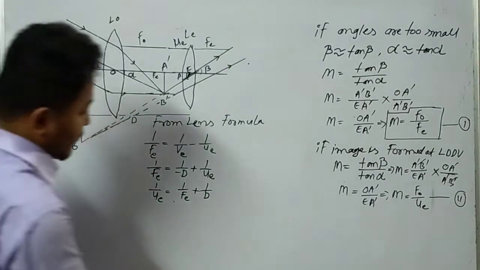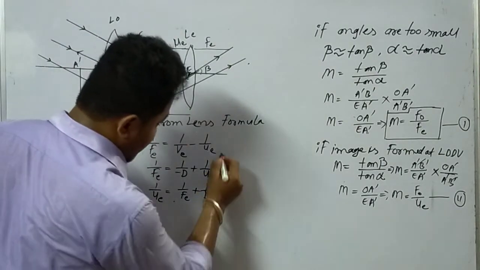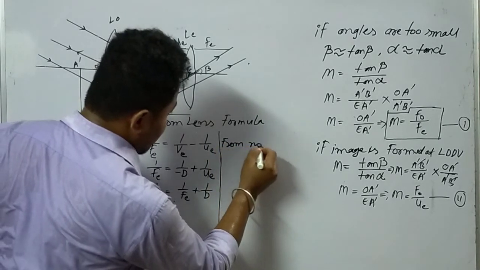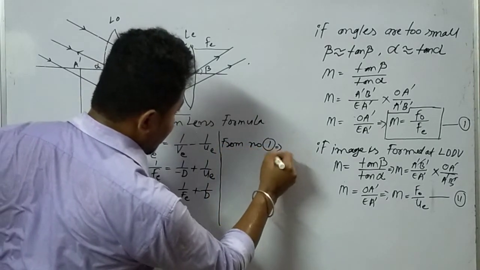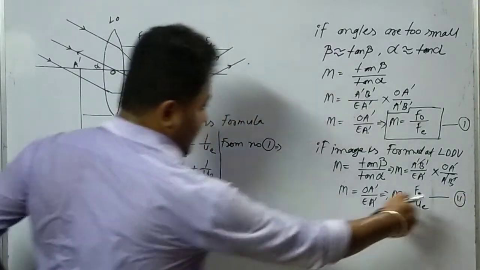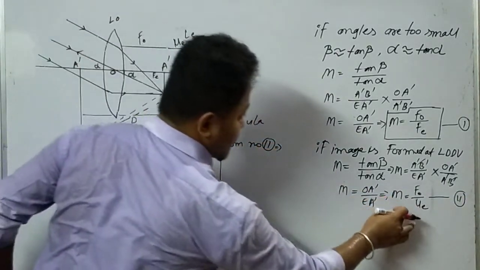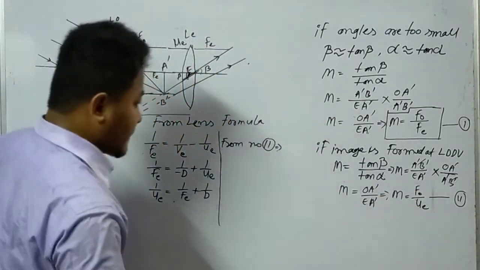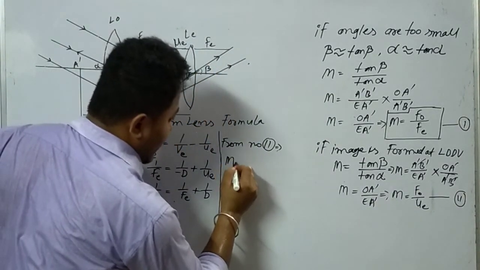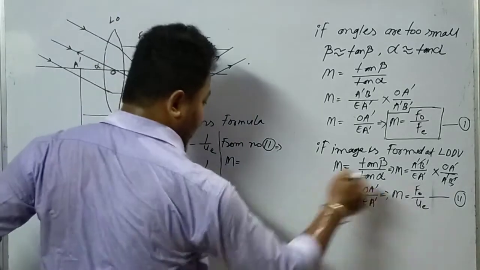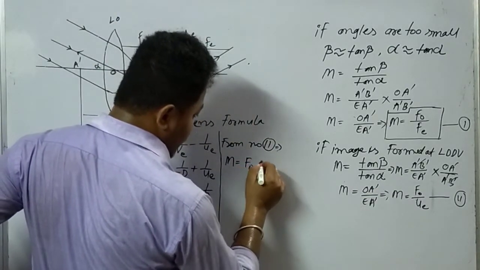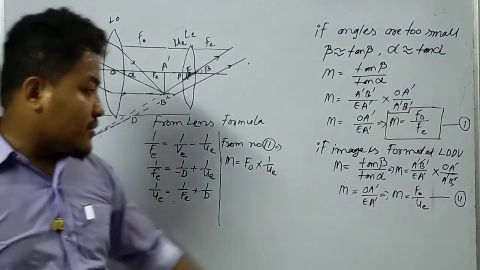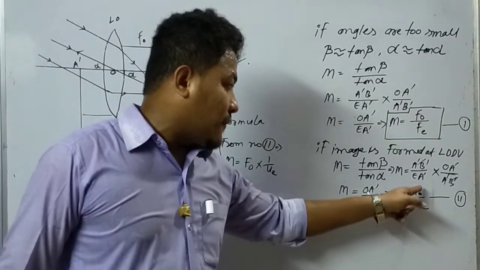Okay, now I will write from number 1 equation. This is number 1 equation, and this is number 2 equation. What I can find from number 2 equation? m is equal to FO by UE.